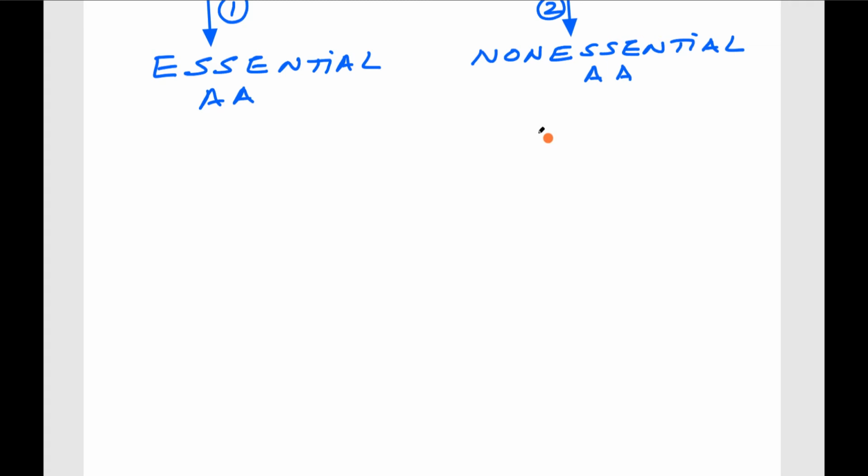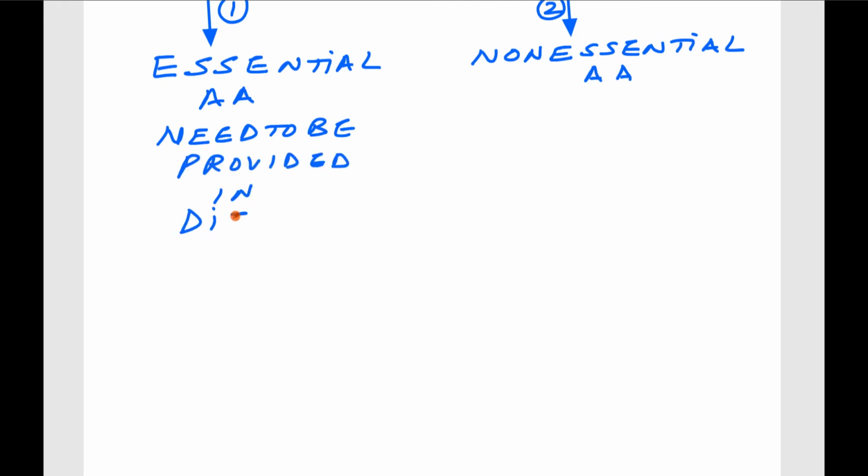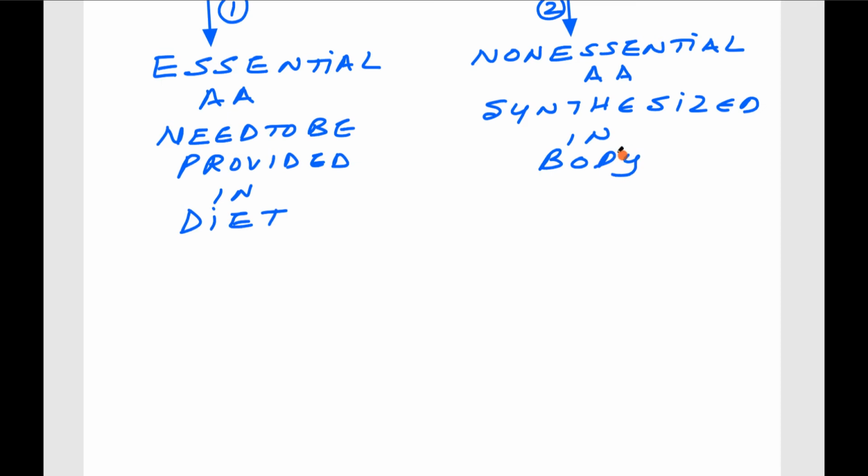I am classifying based on the nutritional requirement. Those amino acids which cannot be synthesized in our cells need to be provided in the diet. If they are not provided in the diet, there will be deficiency of essential amino acids, and protein synthesis cannot take place. These non-essential amino acids need not be supplied in the diet, so they can be synthesized in cells in our body. That is the reason these are called non-essential.